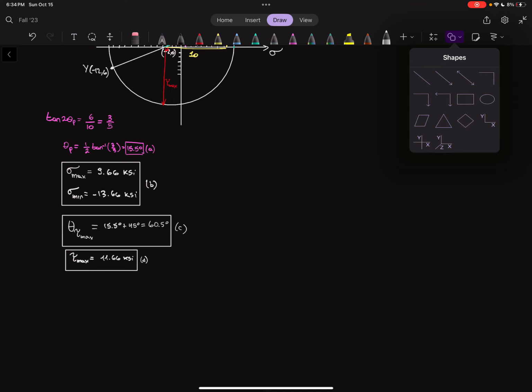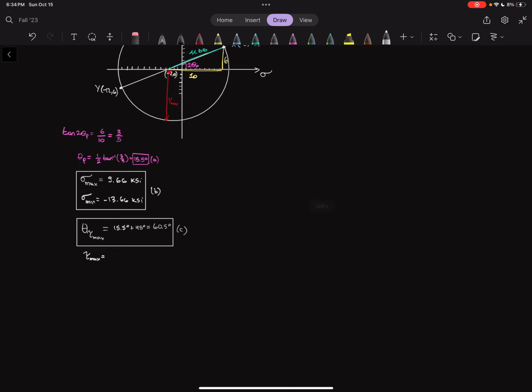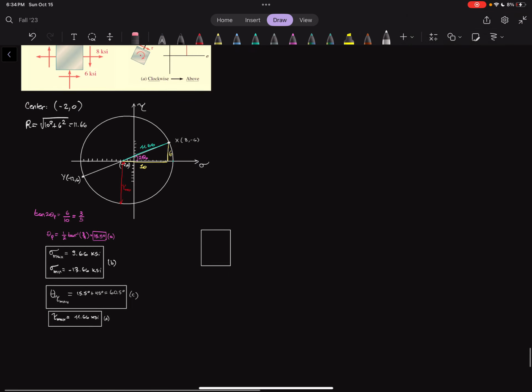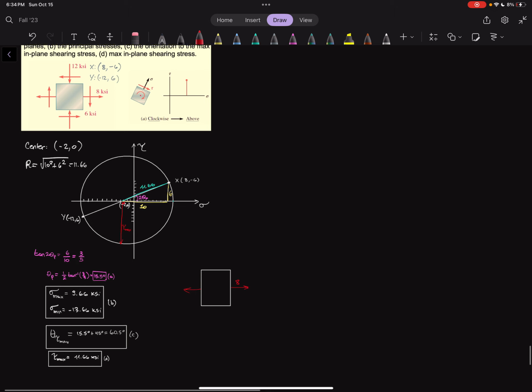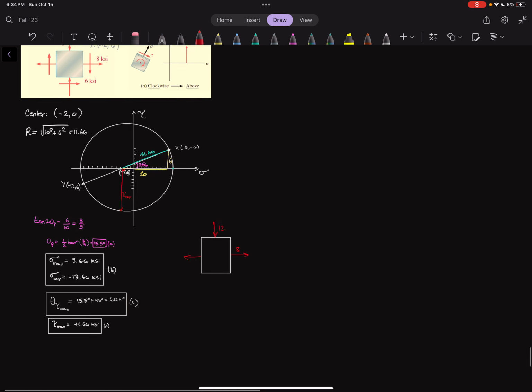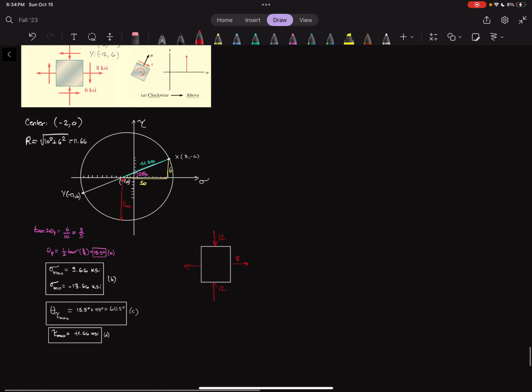We have our little cube right here, and we have 8 going out, 8 going out, 12 going in, and then we have our shear stress in this direction, which is 6 KSI.